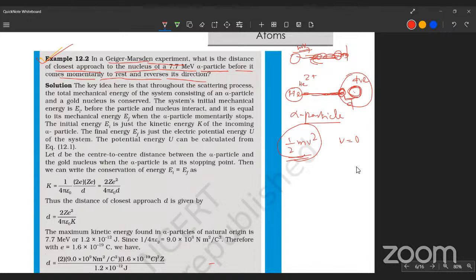So, if two charges are there, what is the potential energy between them? Potential energy is the work done in bringing an object from infinity to that point.